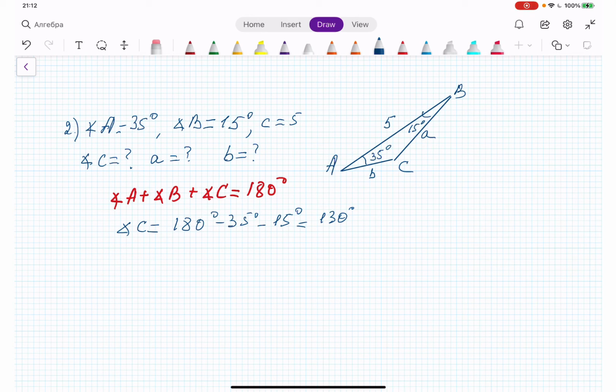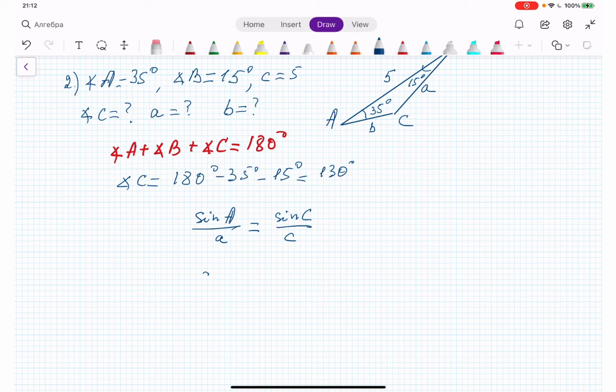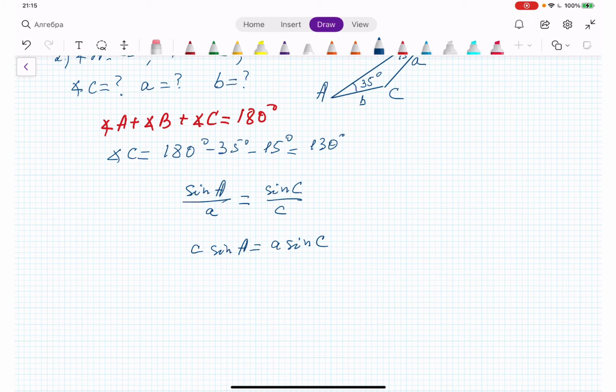Sine A is related to side A exactly the same way as sine C is related to C. So from here, C times sine A is equal to A times sine C. From here, A is equal to C times sine A divided by sine C. Our C is how much? 5?